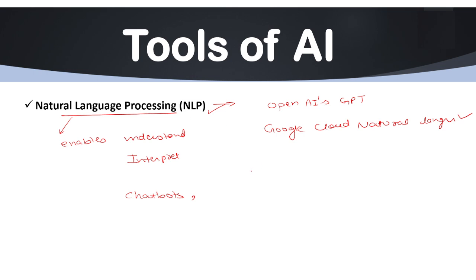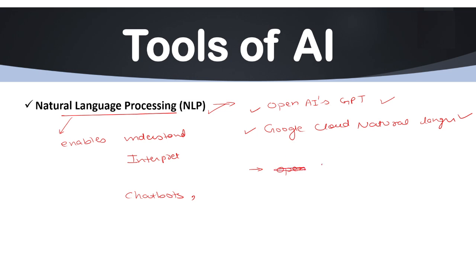Under natural language processing, we have some examples. As I have told you, the first example is OpenAI GPT, a language generation and understanding tool. Another is Google Cloud Natural Language, which helps in sentiment analysis, entity recognition, and syntax analysis.